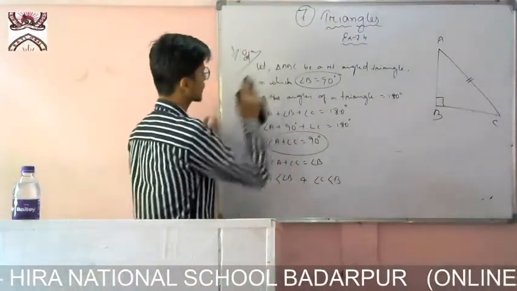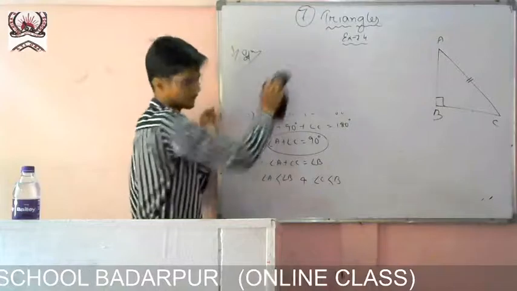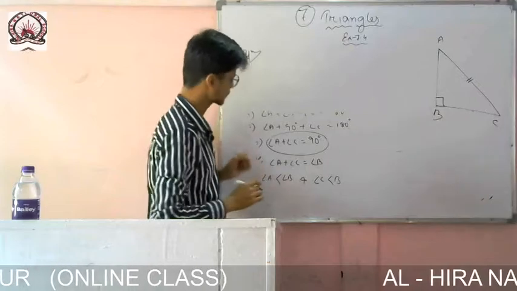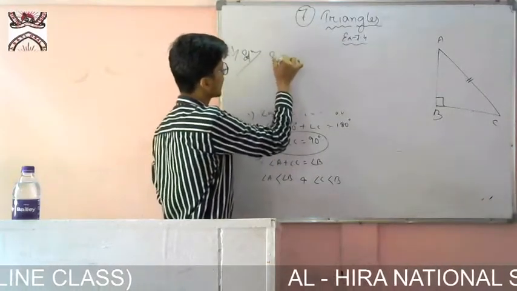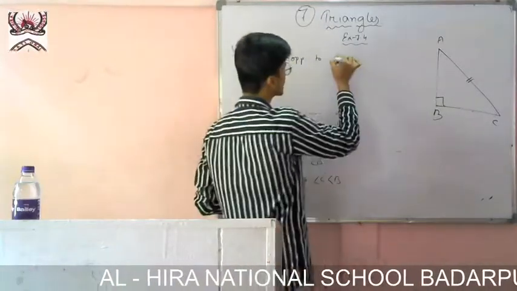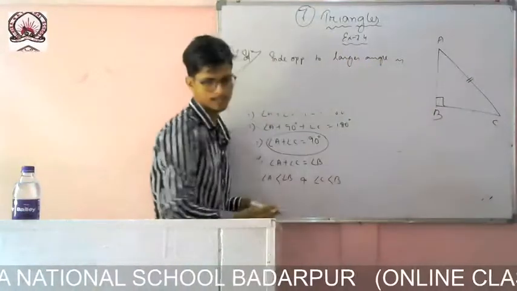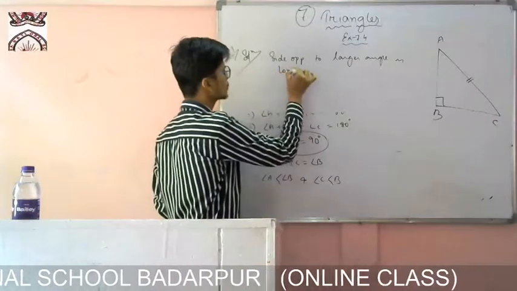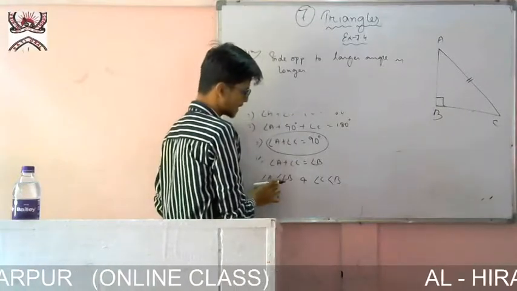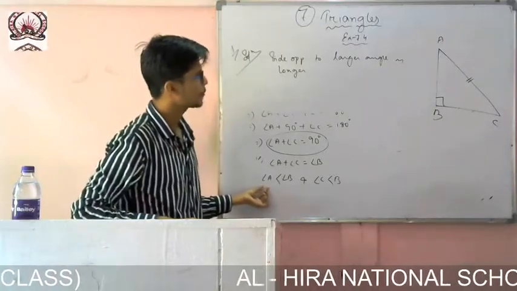So after that I will write like this: since the side opposite to the larger angle is longer, therefore I can write, since angle A is smaller than angle B, angle A's opposite side, which one?